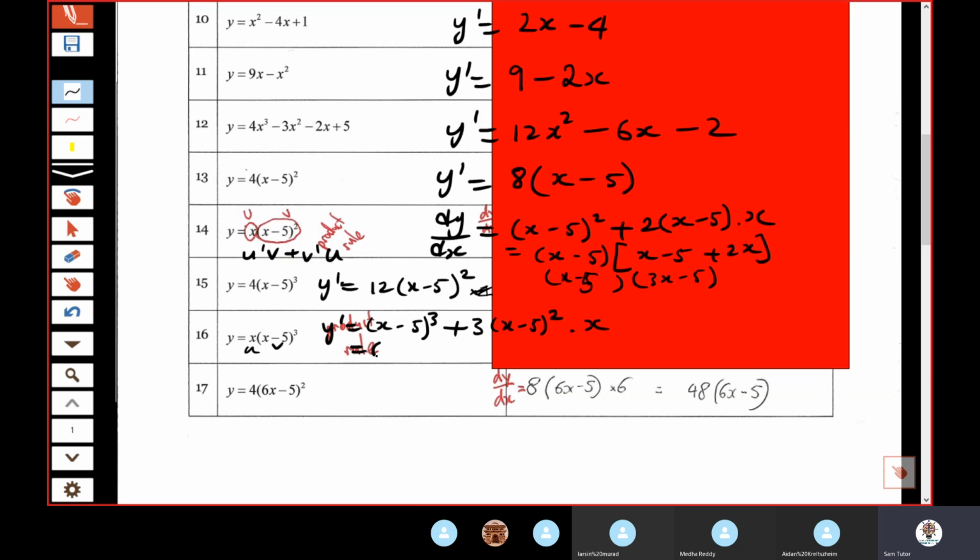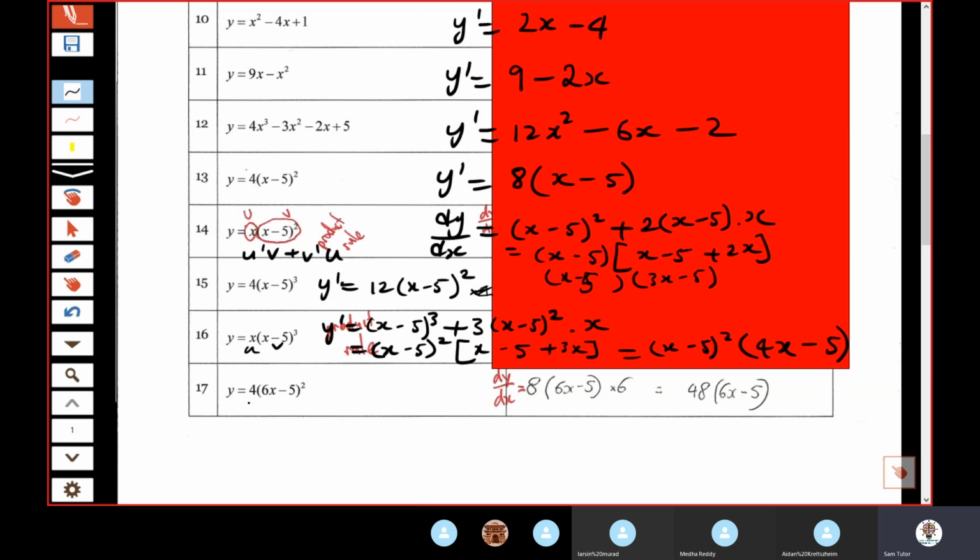Obviously, x minus 5 squared is common. What's missing from here and here? You're missing an x minus 5 plus a 3x. 3x plus x is 4x, and you're done. Equals x minus 5 squared, 4x minus 5.